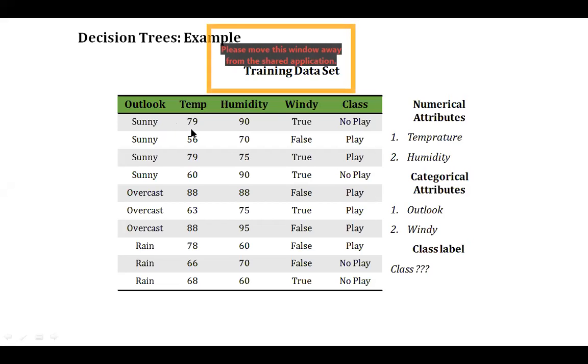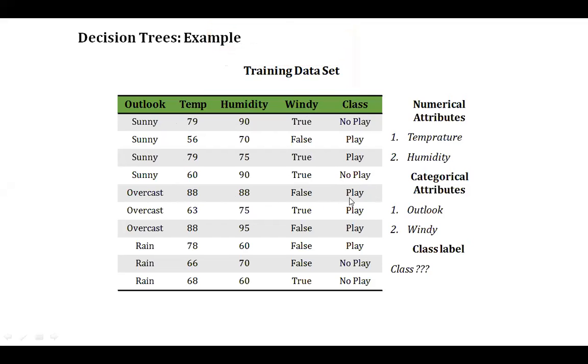Here the temperature is there, humidity is there, and there is a chance for wind. If the temperature is 56 and humidity is less, there is less chance of wind. Here the third is overcast. If the temperature is higher but wind is false, there is a chance to play. So for overcast, temperature and humidity are there, and you can play.